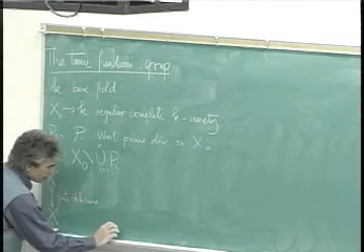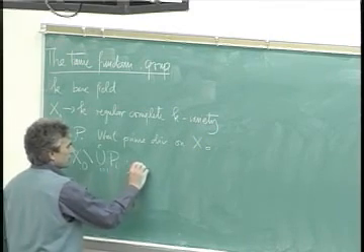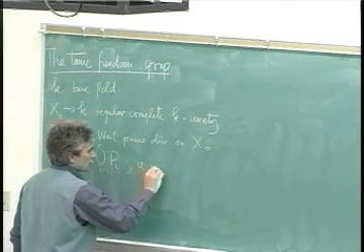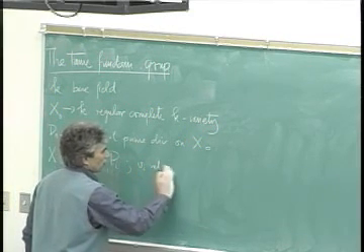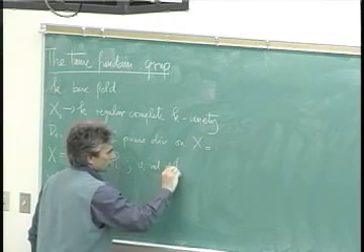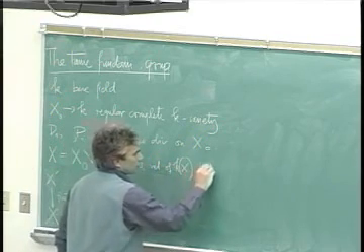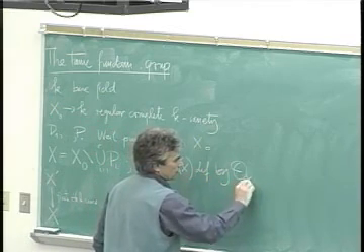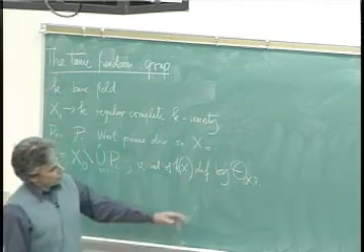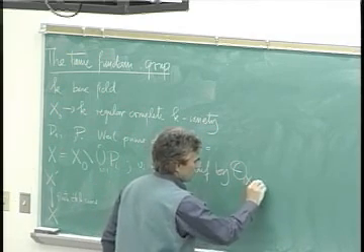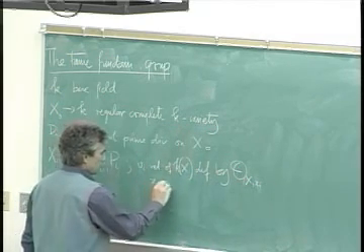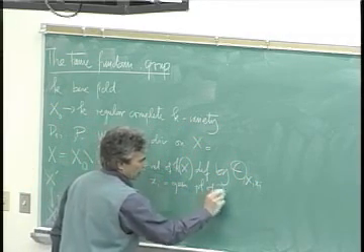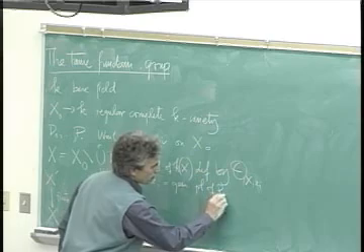And then let V_i be the valuation on k(X) defined by O_{X,P_i}. This is the local ring at ξ_i, where ξ_i is the generic point of P_i.